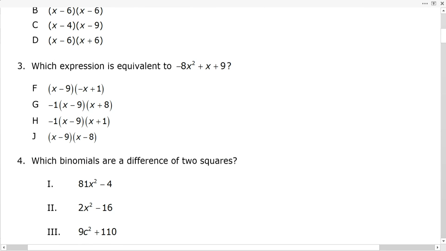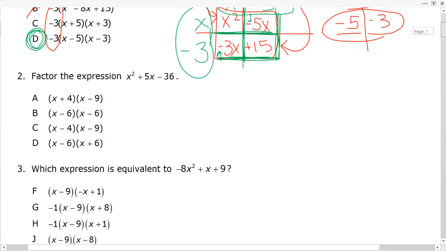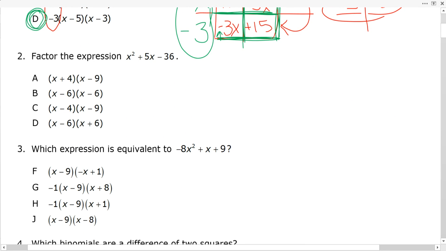Okay, number 2, I'm going to do it the other way. I'm going to put in my magic numbers and then find the greatest common factor. 4-term grouping is what it's called. But first I'm going to change my equation to x squared minus 5x minus 36.